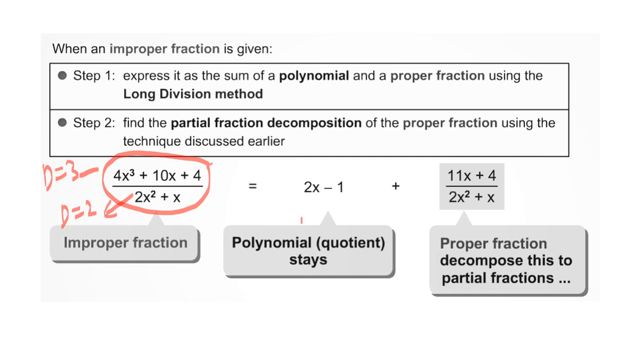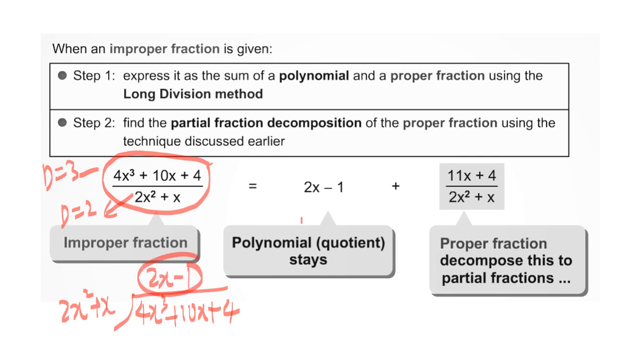So when you use long division, that will be your dividend, and then 2x squared plus x will be your divisor. You work it out, and you will have your quotient, 2x minus 1, and then you will have remainder 11x plus 4.